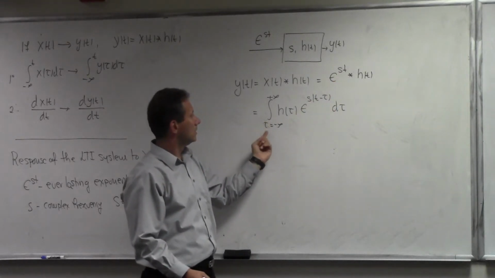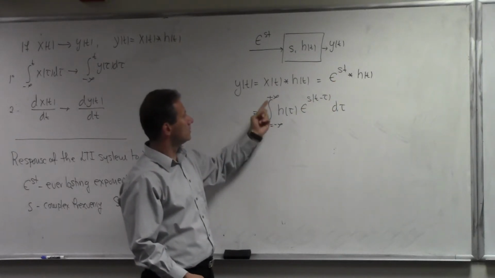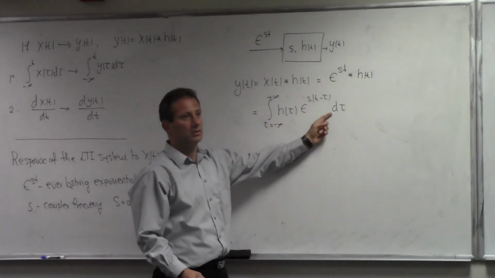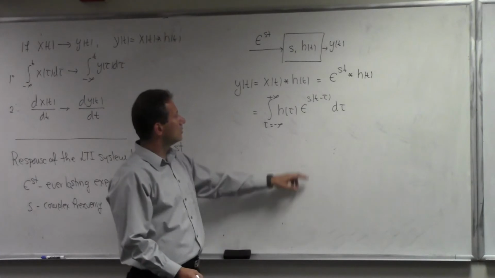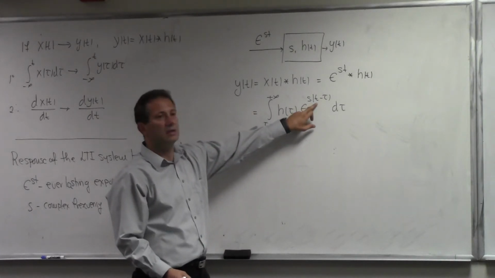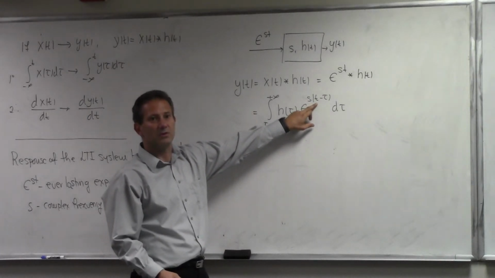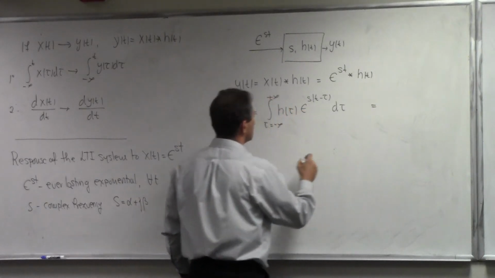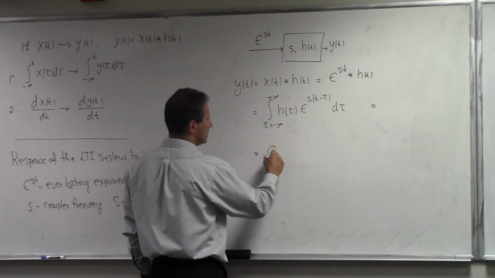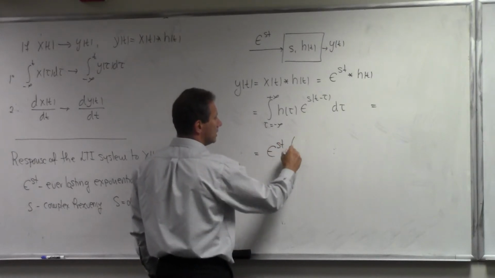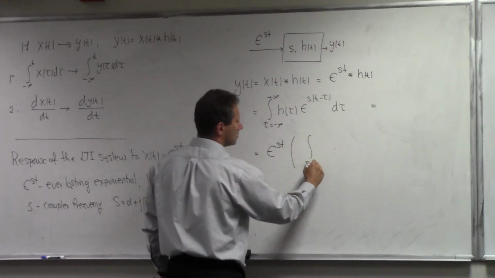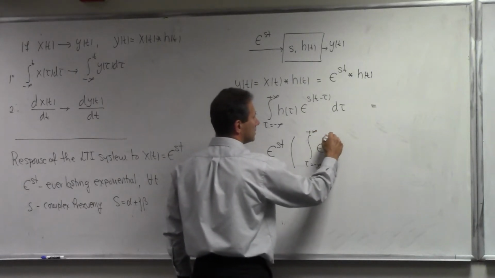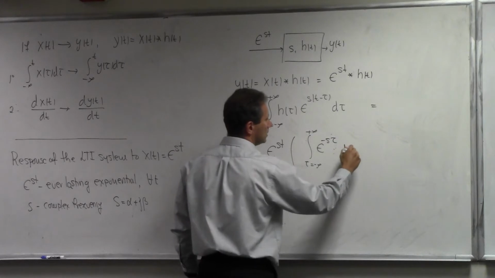Now you notice right away that e to the st can come outside because it does not depend on tau. So I end up with e to the st outside, and here I have the integral from minus infinity to plus infinity of h of tau e to the minus s tau d tau.